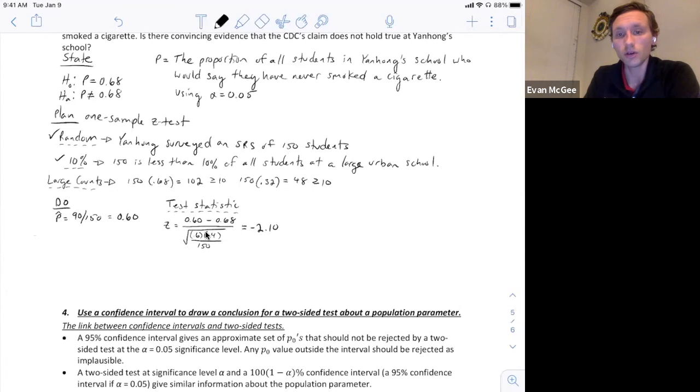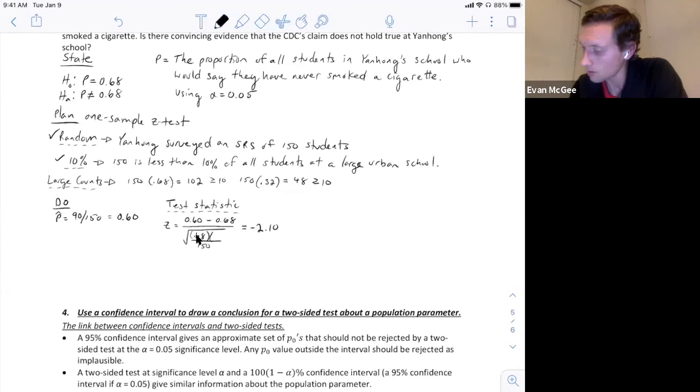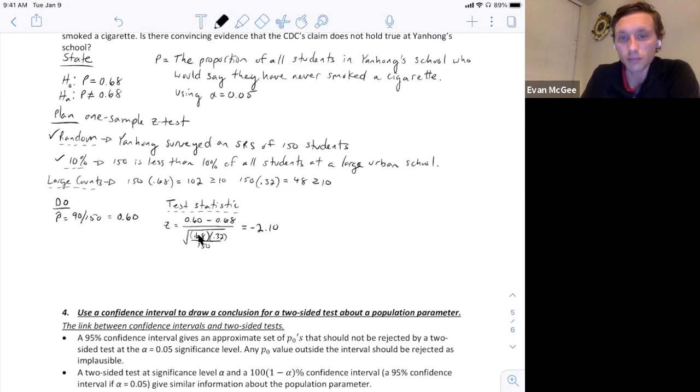This should be the null is true, not the sample. This is a mistake that I see a lot of students make where they plug in the sample statistic, but it needs to be assuming that the null is true. So I'll change this to 0.68. There we go. I've changed it to 0.68 and 0.32. And so if you punch all this in the calculator, it'll give you a test statistic of negative 2.10. And we'll use that to find the p-value.